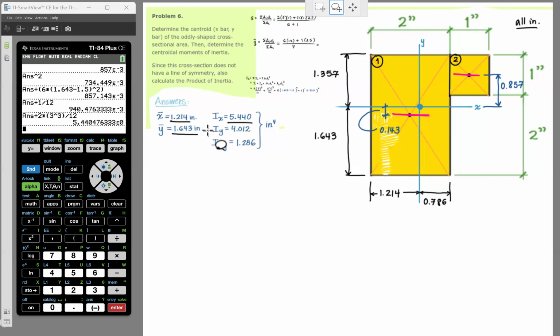Now we need to do IY. Parallel axis theorem. Summation of the I's plus summation of the A_i D_i squared. So for us, it's I1 plus I2 plus A1 D1 squared plus A2 D2 squared.